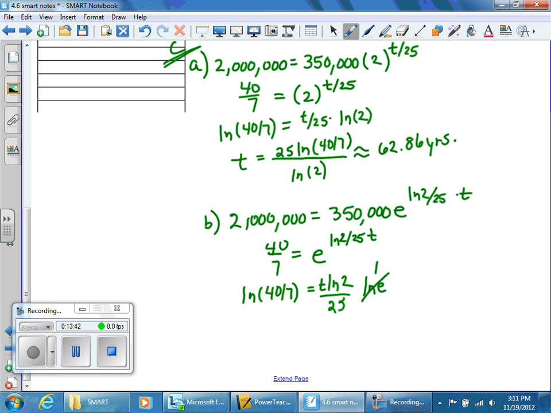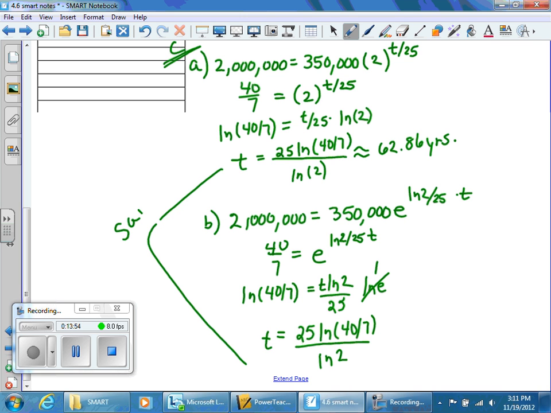Ln of e becomes 1. So solving for t, I get 25 ln of 40 over 7 divided by the ln of 2. And what do you know? They are the same answer. Yay! So this, again, is approximately 62.86 years. And you can scratch off t.